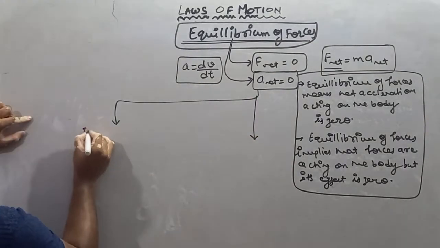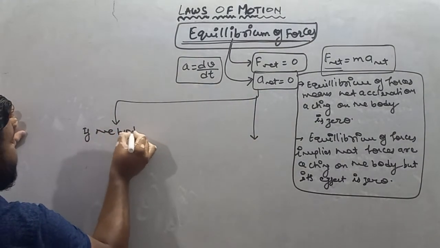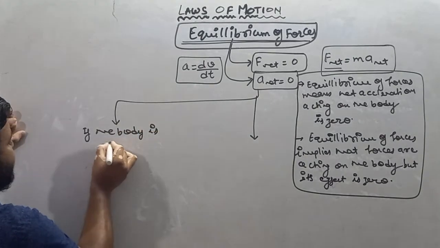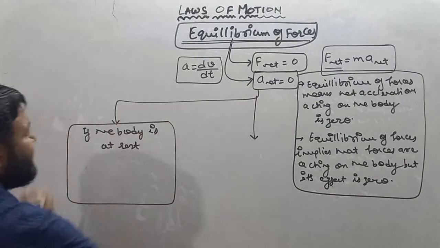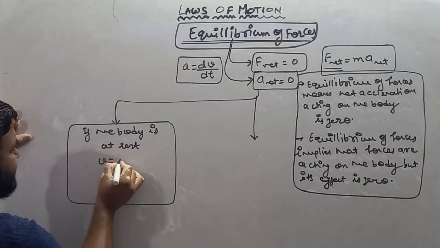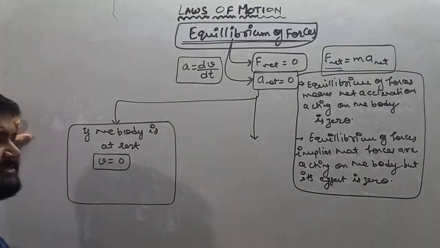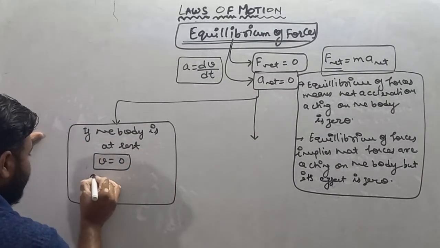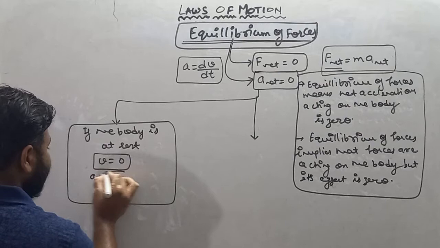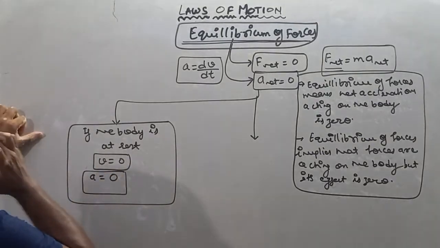First, if the body is at rest. See my dear student, if the body is at rest, then it is but obvious its velocity is equal to 0. And if the velocity of the body is equal to 0, it implies that acceleration also becomes equal to 0.